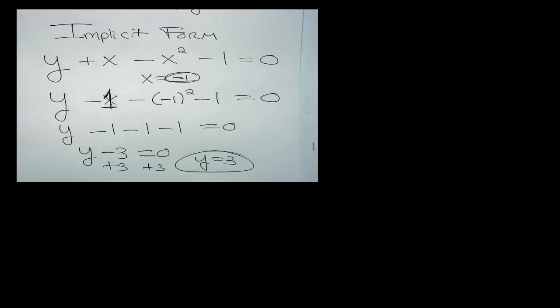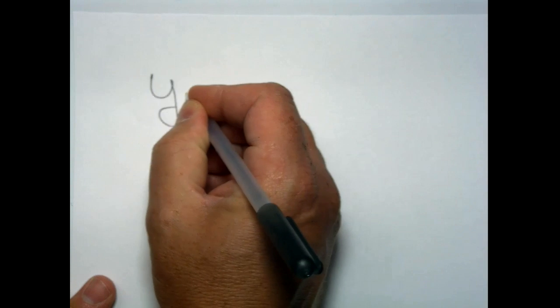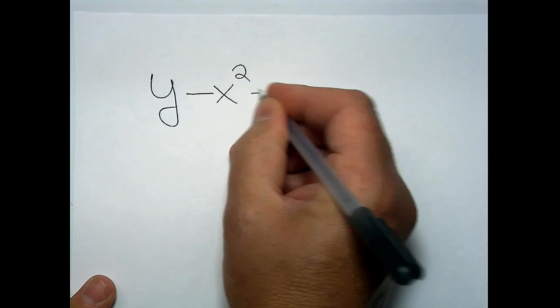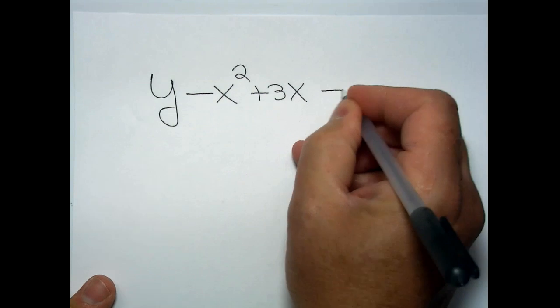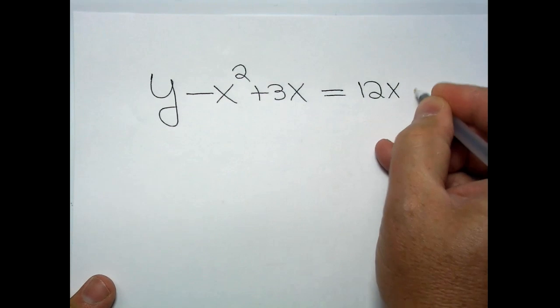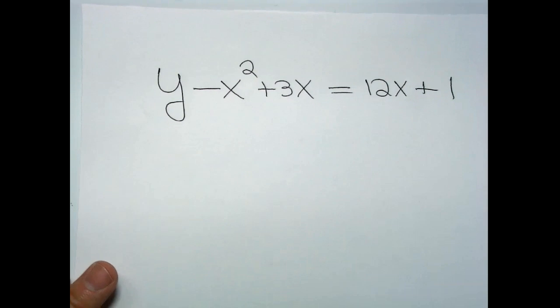Y equals. That's explicit form, and there can be no y's on the other side. Now we can solve from implicit form into explicit form pretty readily. That is a function.